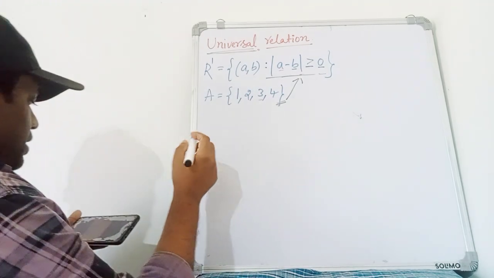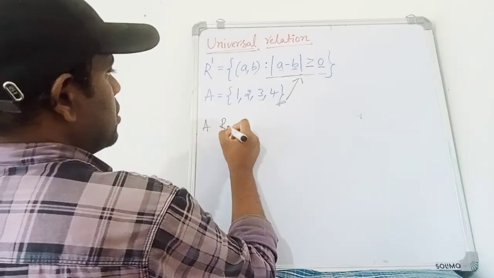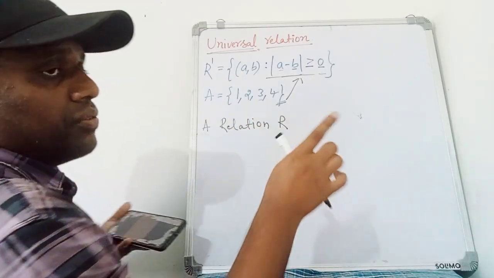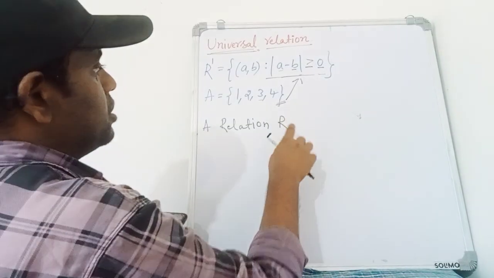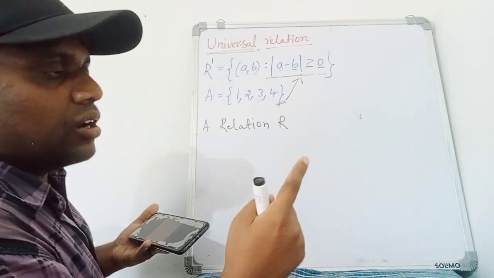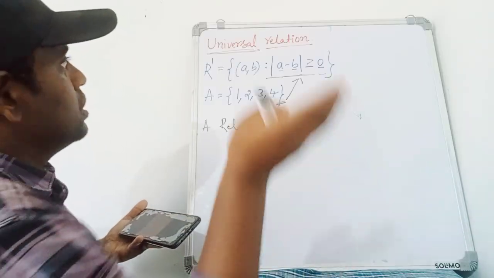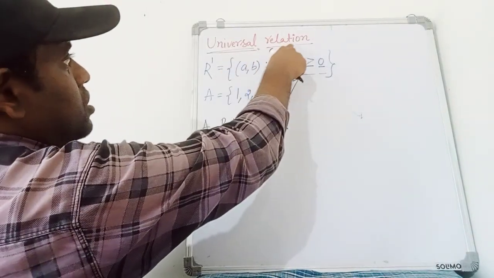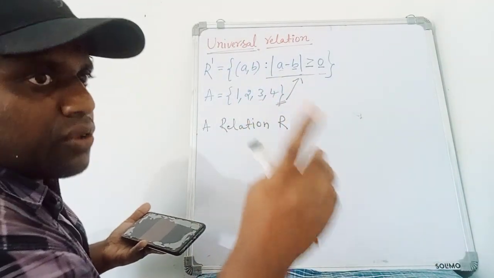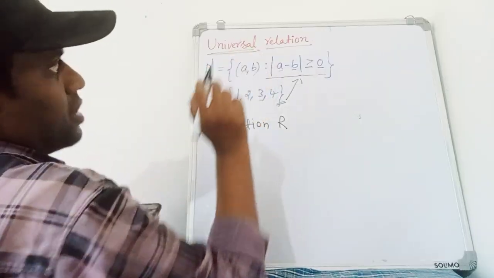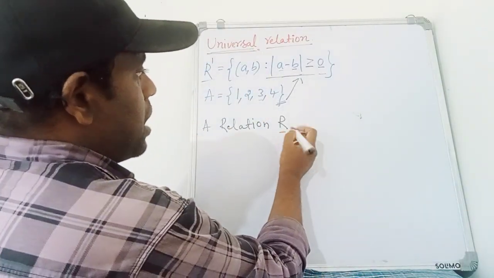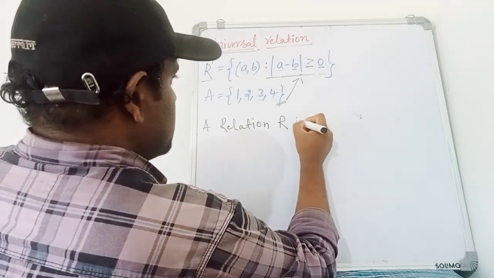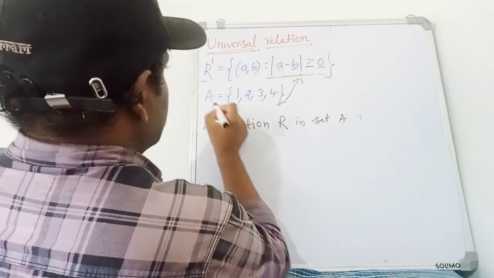Here we have taken R for empty relation, and R dash for universal relation, just to show that they are different. But in general, a relation is represented by R only. So, a relation R in set A.